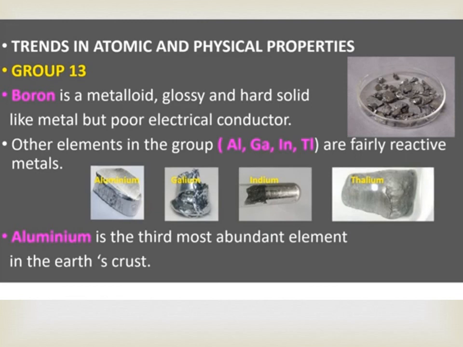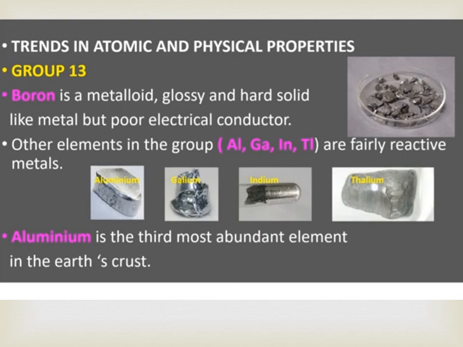Students, you are all familiar with the element aluminium. We use aluminium vessels at our houses as well. Aluminium is the third most abundant element in the earth's crust. So students, the proportion of aluminium found in the earth's crust is very large, and that is why, my dear students, we are also very familiar with this element, the picture of which you can see in the slide.